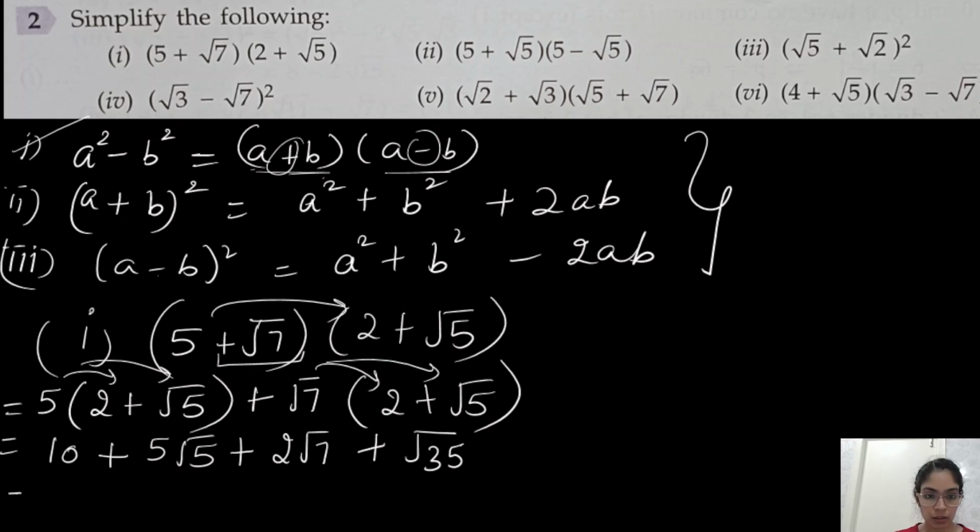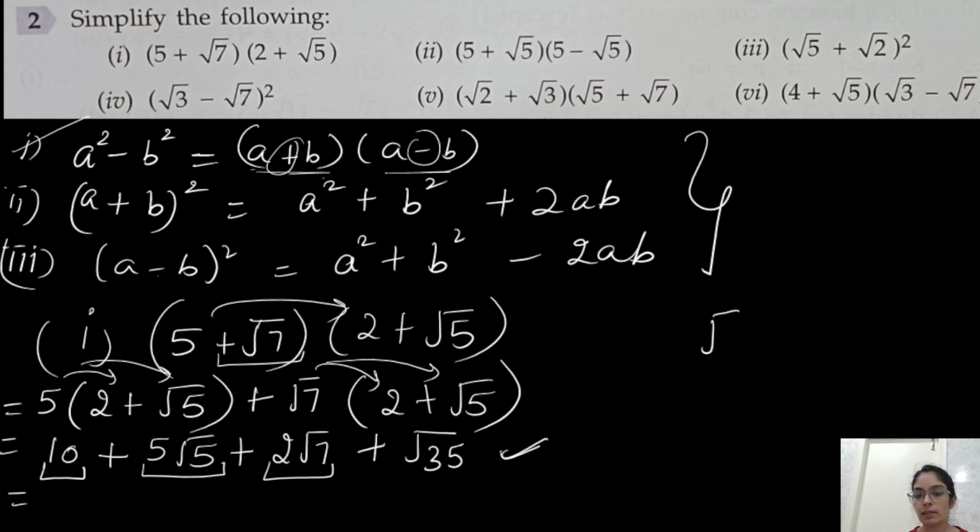Now we can simplify. If any of the terms are like terms, we can add or subtract them. If all the terms are different, we have to leave it as it is. Here 10 has no other like term, 5 root 5 also has no like term, 2 root 7 also no. So all the terms are different, and this is our final answer.